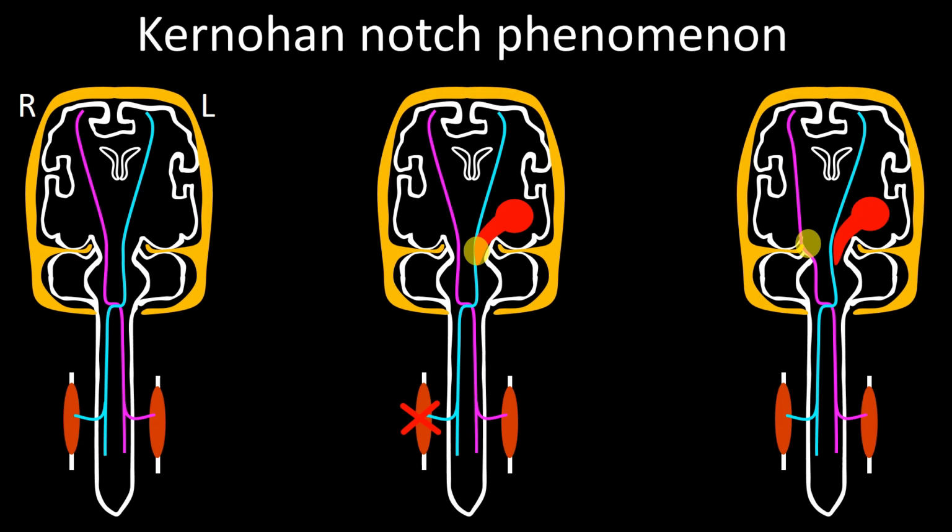Pressure on this tract against the tentorium edge produces weakness ipsilateral to the cerebral lesion. This is called Kernohan notch phenomenon. This phenomenon is associated with third nerve palsy on the same side of the weakness.